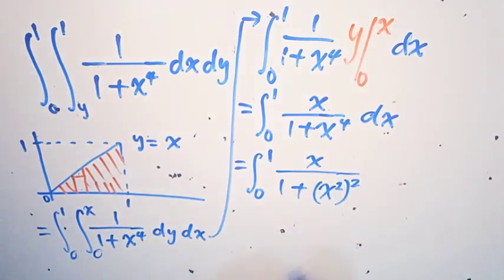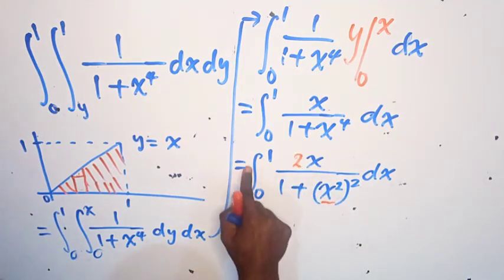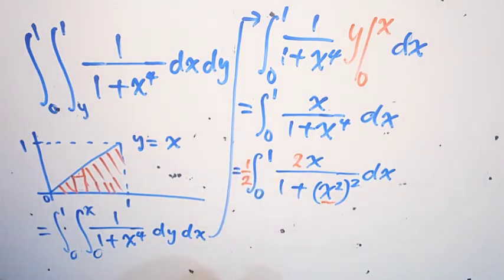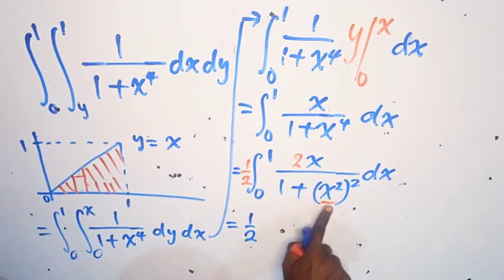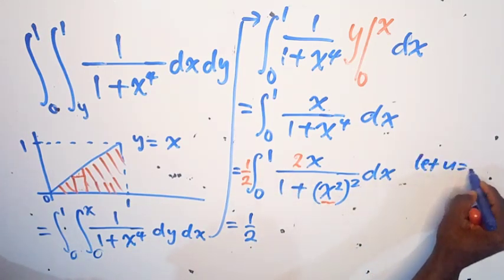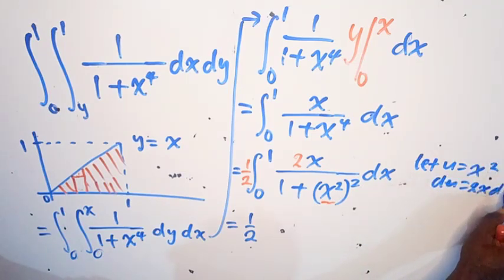If we let u be x squared, then the derivative will give us 2x, so let me balance it by dividing by the 2, which I just multiplied. So all in all, we end up with 1/2 of the following. We say let u be x squared, then du will be 2x dx.